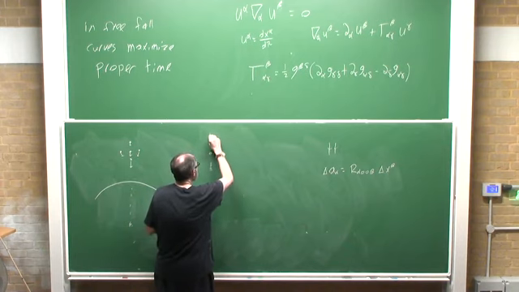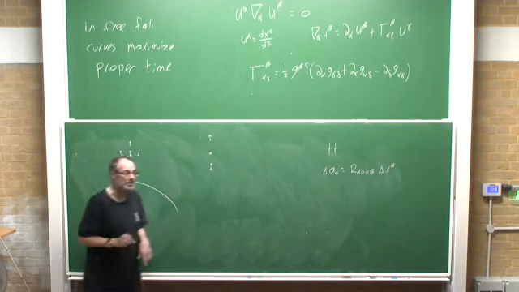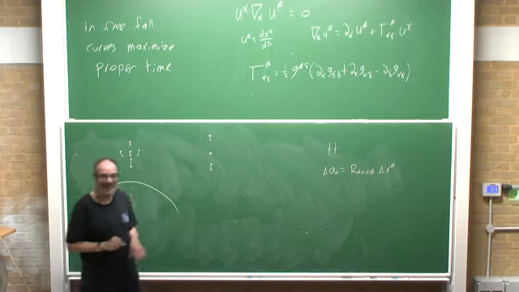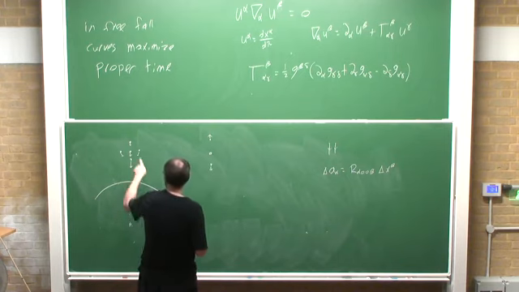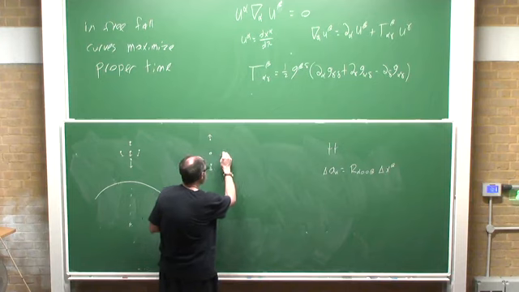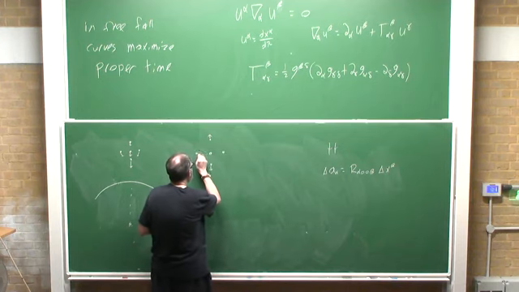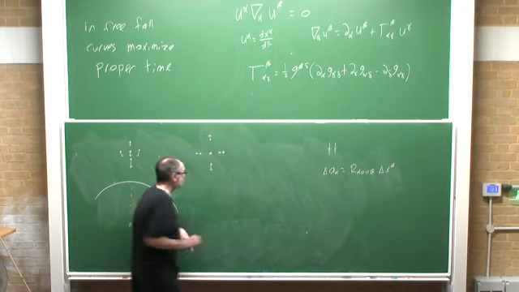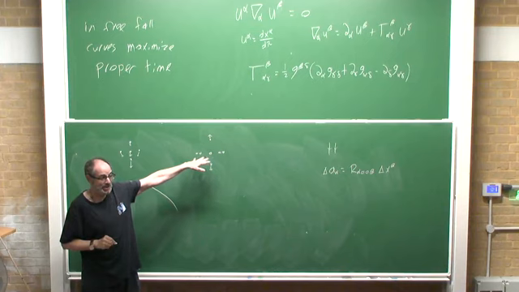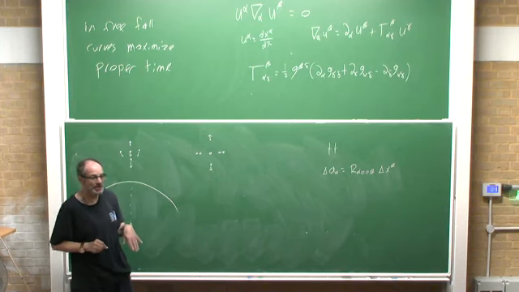But this one has a smaller acceleration downwards, so relative to the center one, it actually looks like that. In other words, this configuration of marbles is being stretched in this direction. And because of the directions of these things, relative to the center marble, this is being squeezed in this direction.